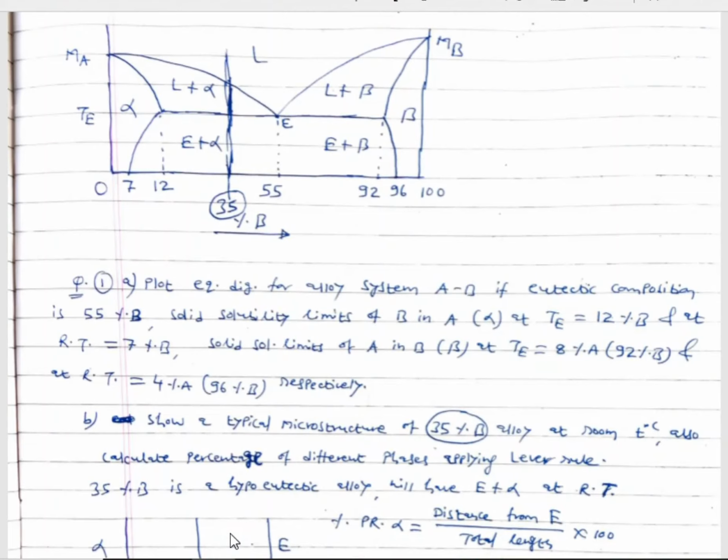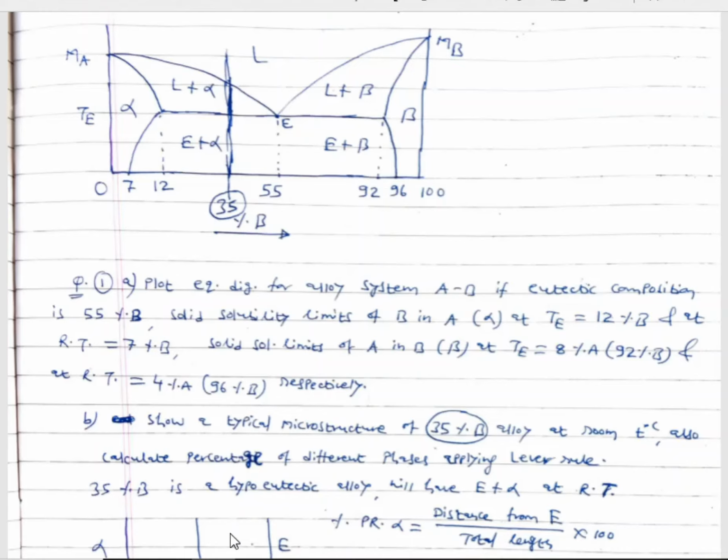The solid solubility limit of B in A, in the alpha solid solution, at eutectic temperature is 12% B, and at room temperature it is 7% B. It means a maximum of 12% B can be dissolved in 88% A at eutectic temperature, and a maximum of 7% B can be dissolved in 93% A at room temperature.